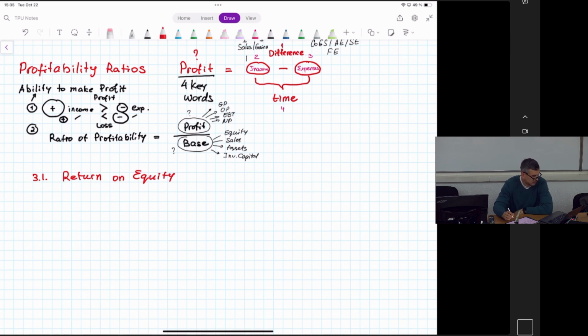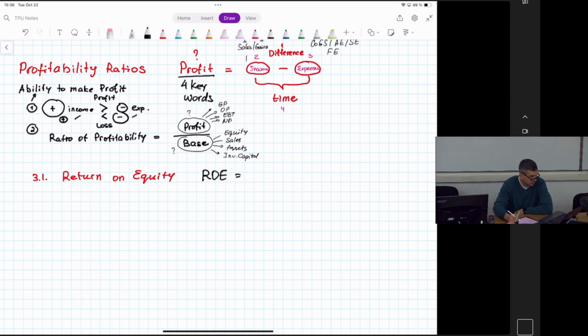This is the basic ratio, the most common and famous ratio. Nikita was saying it letter by letter, ROE. We can call it ROE. Okay? So it's a ROE ratio.